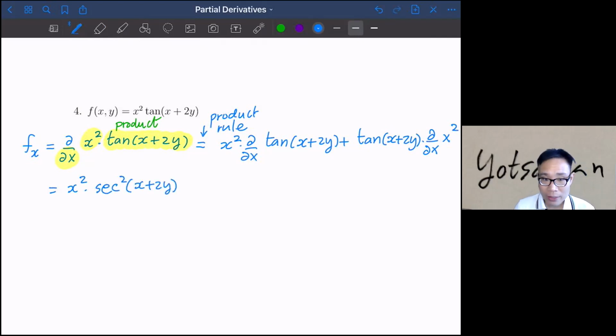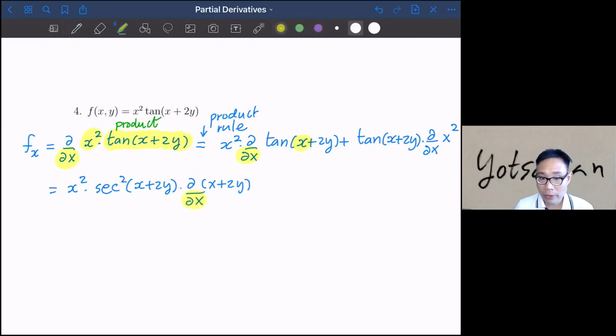The derivative of tan is sec squared, and you see that you have to differentiate the inside. So this one is going to be d/dx of x plus 2y. That will be the derivative of the inside.